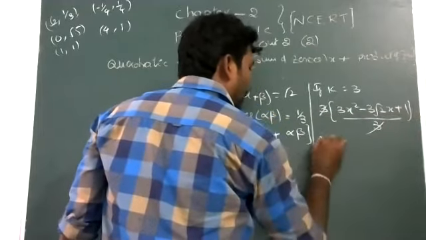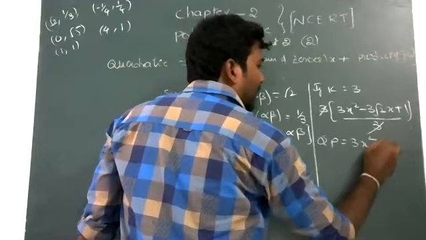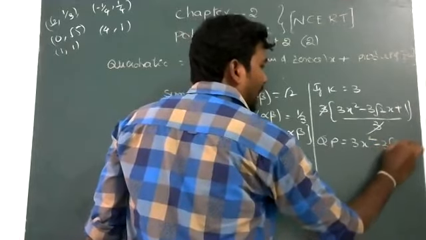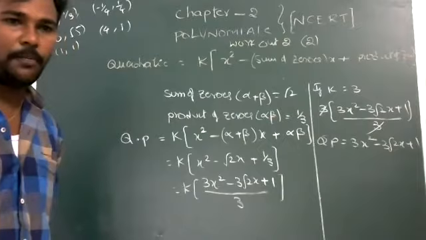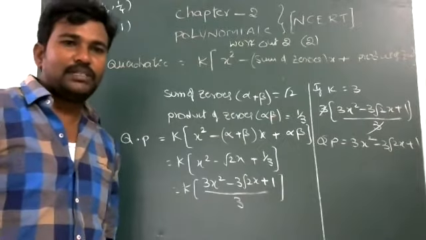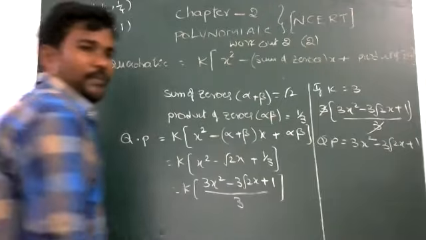Finally you get the quadratic polynomial 3x square minus 3 root 2 x plus 1. Is it clear, students? Yes, very nice. Now I am going to explain the next problem.